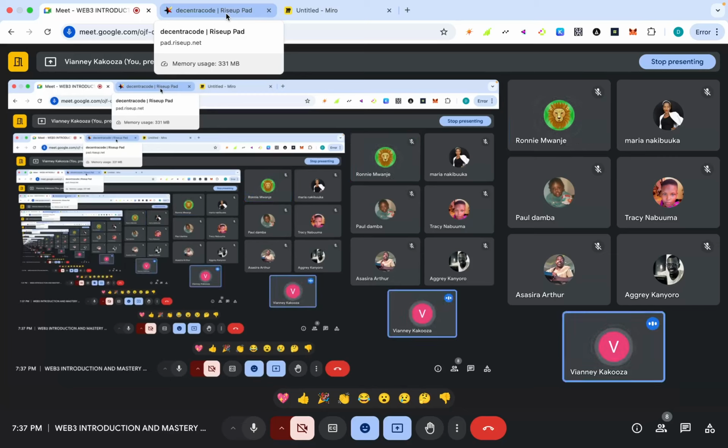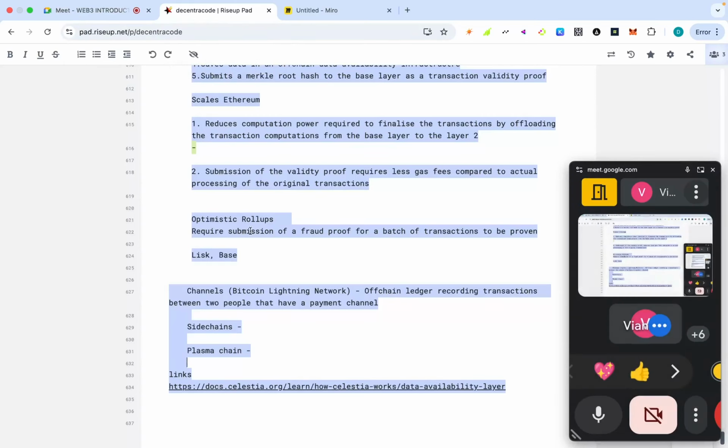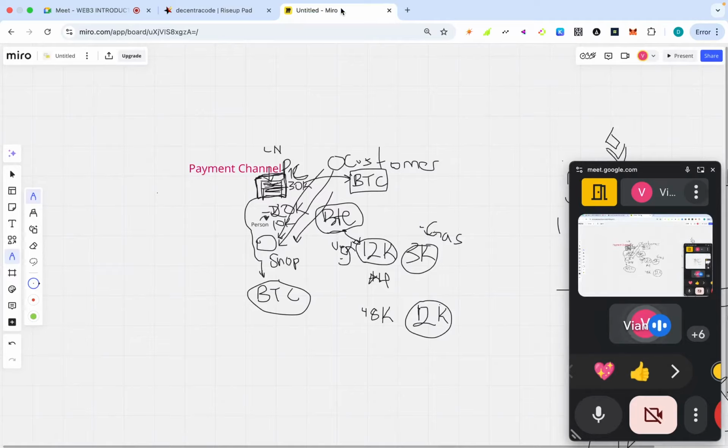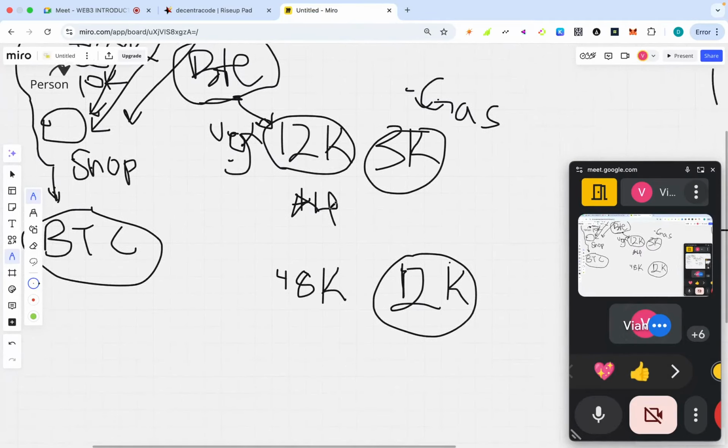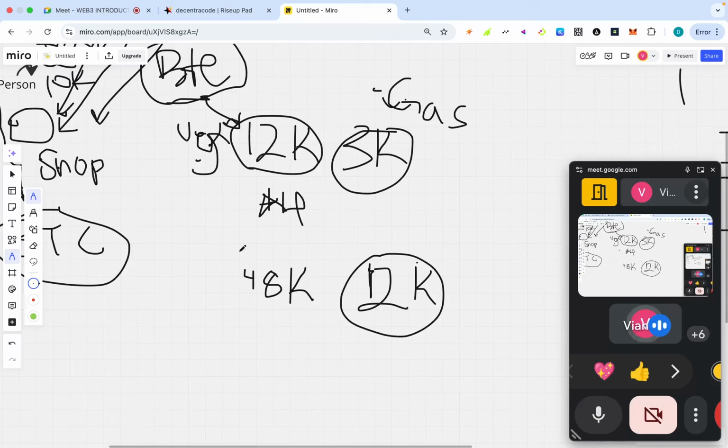Okay. First of all, think about it this way. That's why I brought this example up. If you're going to send 12K 4 times a day, let me bring it up using mobile money.